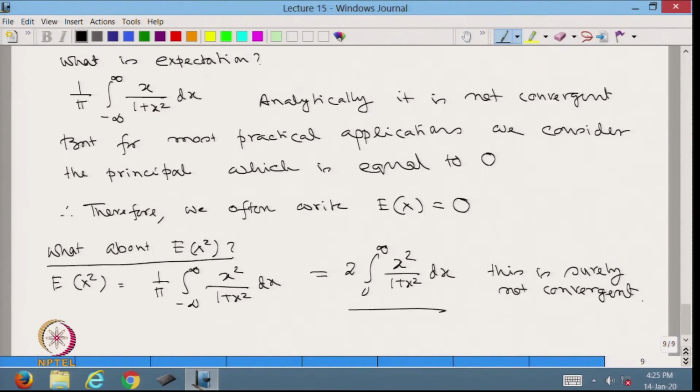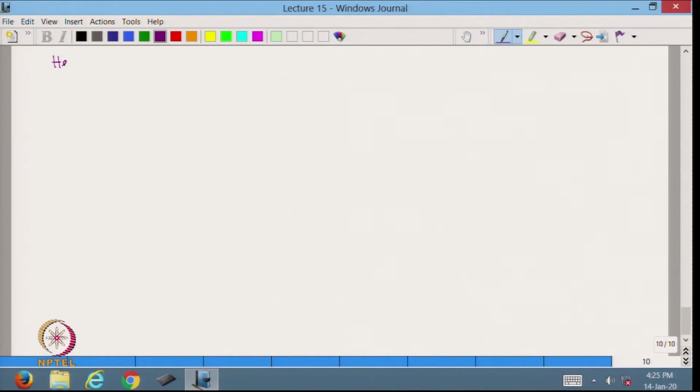Thus, we can show that higher order moments for a Cauchy distribution do not exist. Hence, the moment generating function for Cauchy 1 comma 0 does not exist.